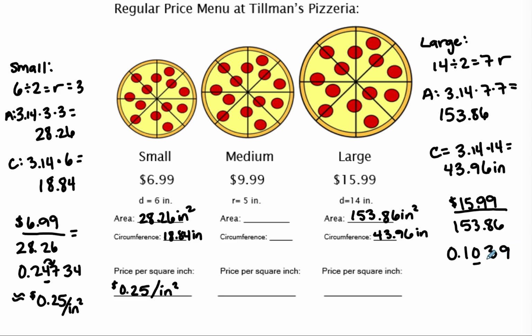Let's round. We look at the hundredths place and the number behind it. That 3 means we keep the 0 the same. So price per square inch is about 10 cents per square inch. There's definitely a better buy with the large pizza here. Let's see how the medium pizza compares to these two.